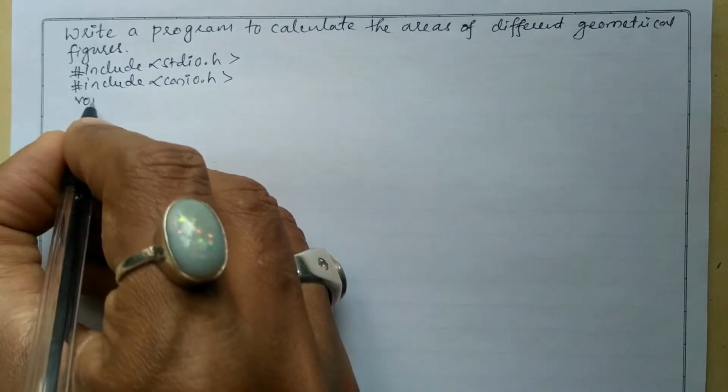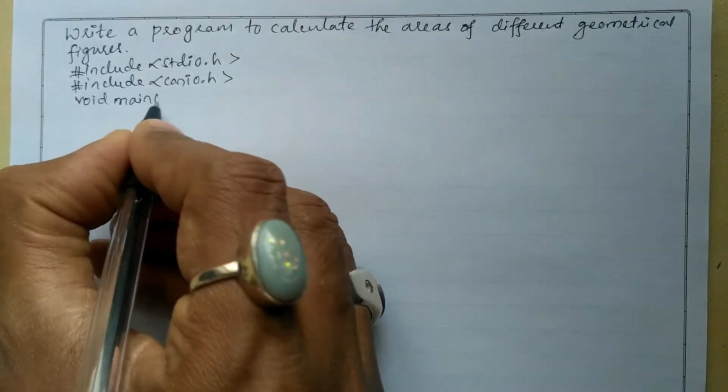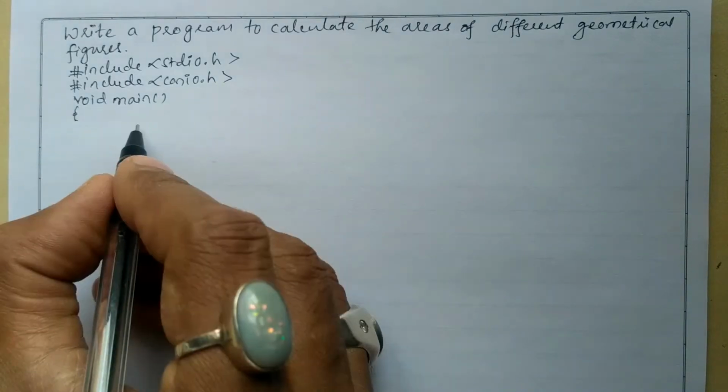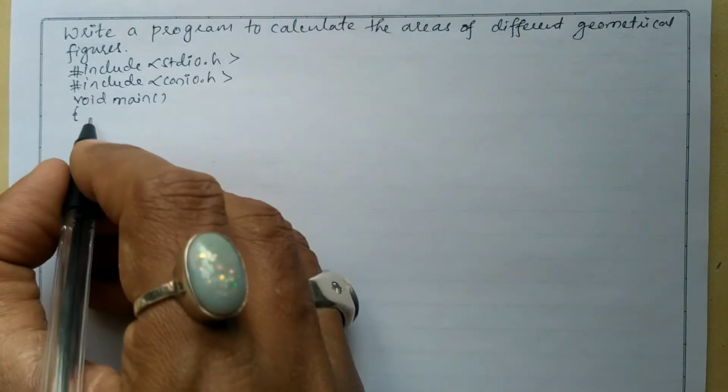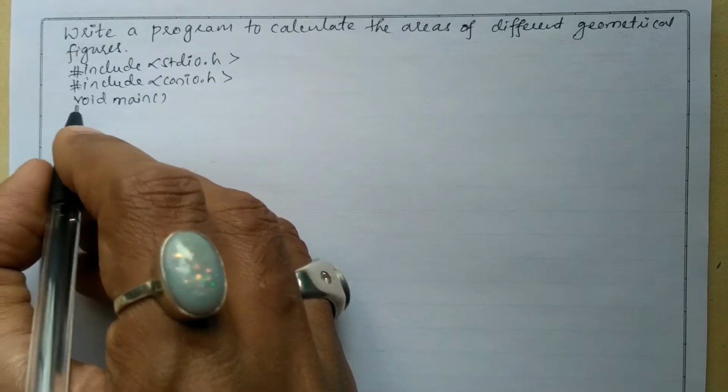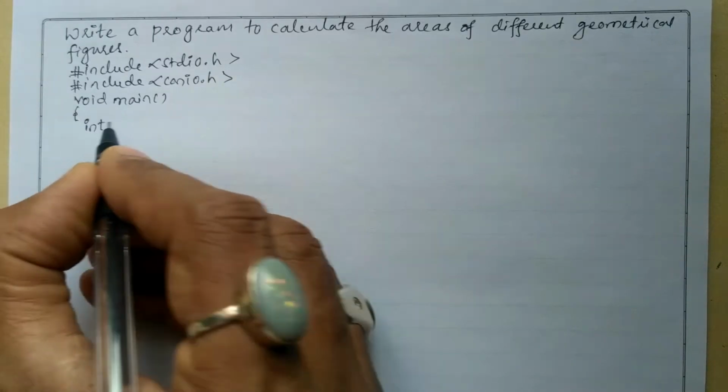Now let us write void main function curly open brace, and here in a declaration section I am going to declare all the necessary variables which are to be used in the program with the respective data type.